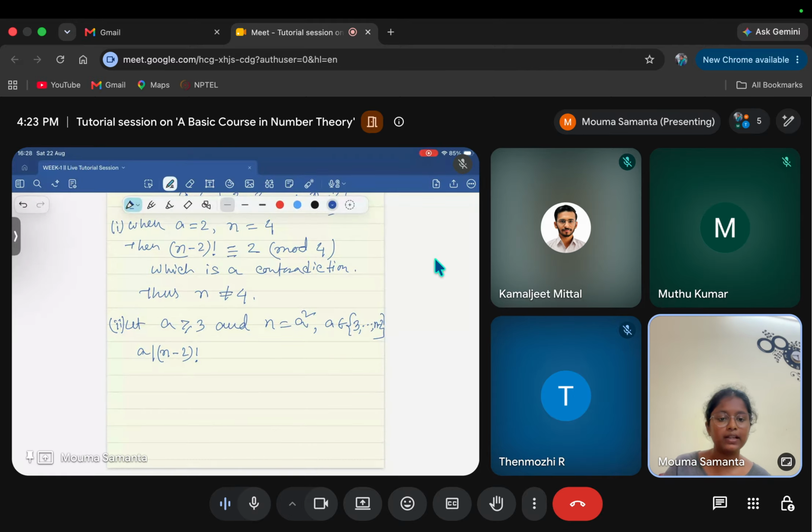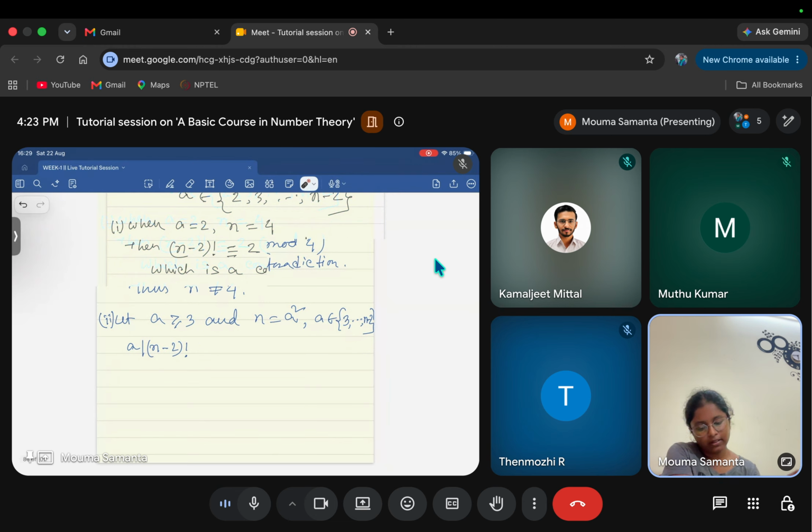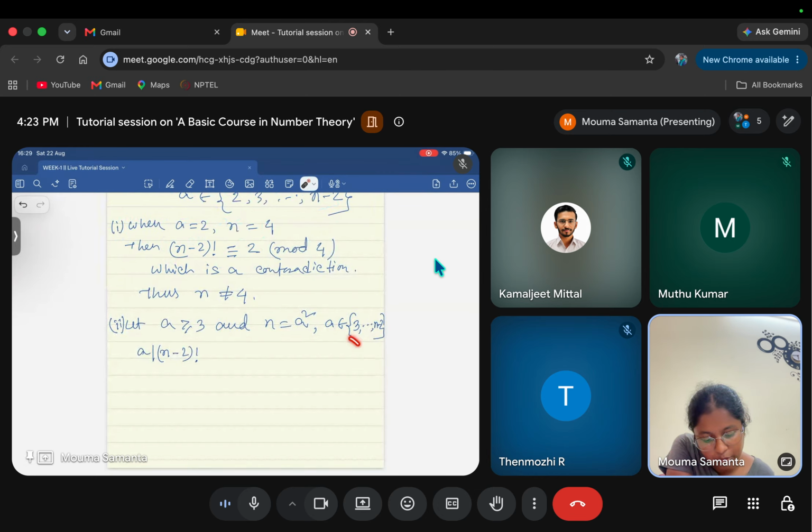Now can we find some different integer in this set such that that integer will also divide n minus 2 factorial? Can we consider some other element rather than a in this set consisting of integers 3 up to n minus 2 such that that integer will divide n minus 2 factorial?